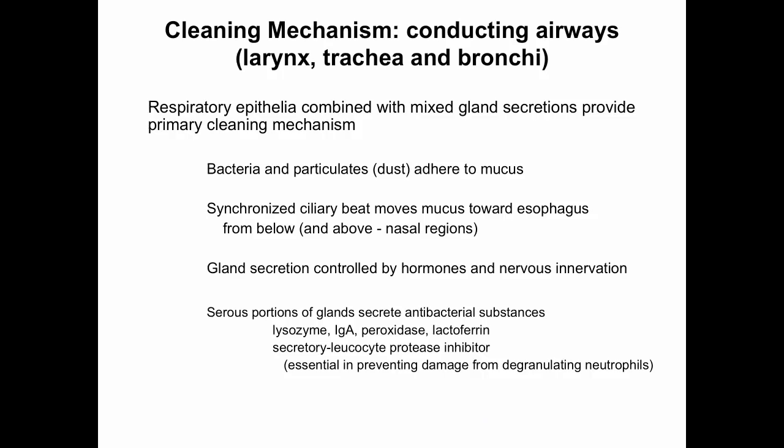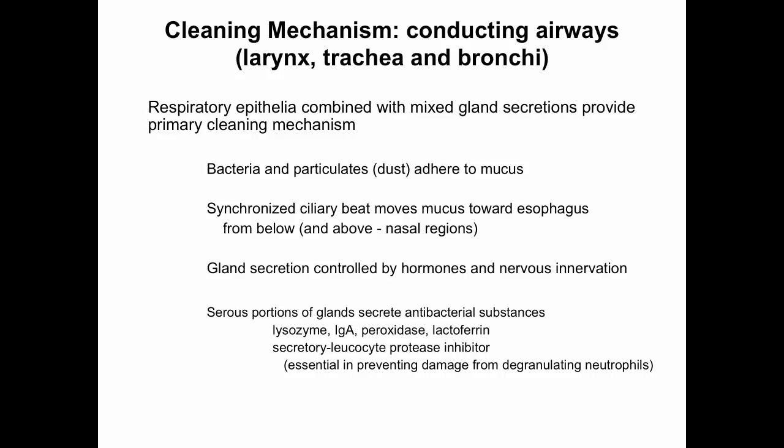Let's talk for just a minute or two about the cleaning mechanisms in the conducting airways. So we're talking about the cleaning mechanisms in the larynx, the trachea, and the bronchi. Now, the respiratory epithelium combined with mixed gland secretions provide the primary cleaning mechanism. Imagine the cilia beating are going to move particulate matter away from the respiratory tract.